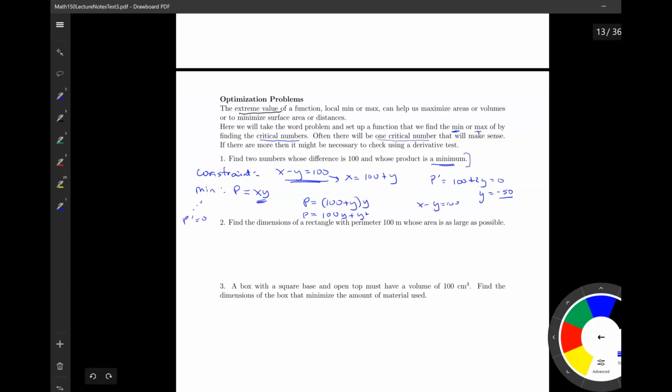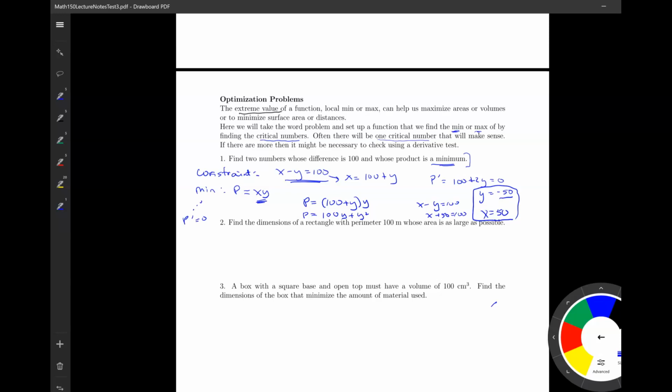So x is 50, y is negative 50. This gives me the minimum product with a difference of 100.